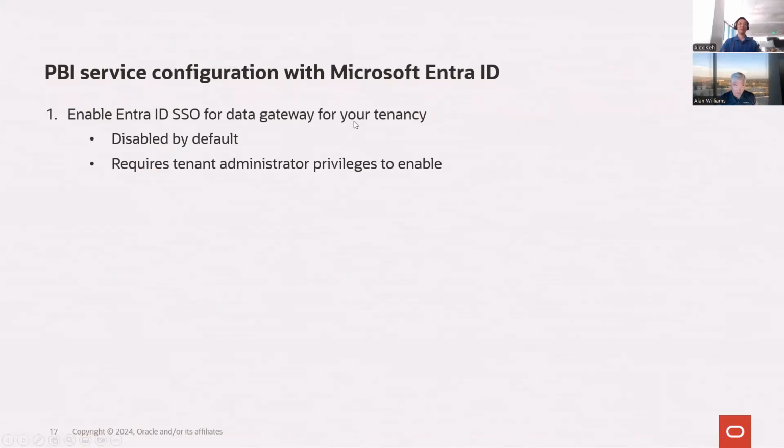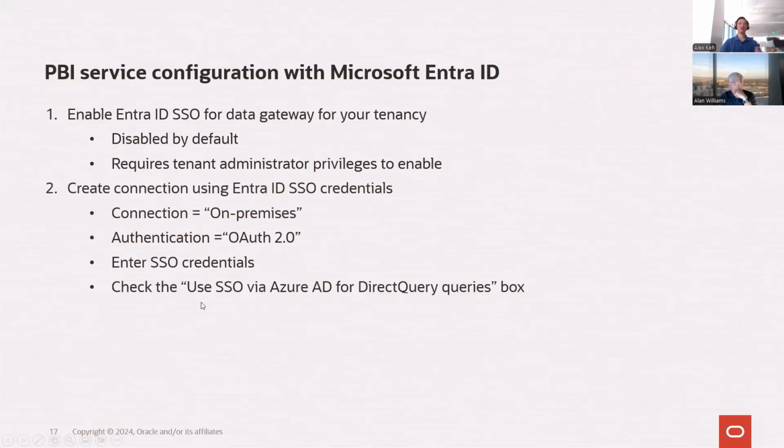By default, Microsoft has shut off this Entra ID SSO for all databases. They kind of see this as, we don't want to enable it by default if customers aren't intending to use it, so we'll leave it off. So you have to have your tenant administrator, or if you have tenant administration privileges, you have to enable it for your tenancy, and then anyone can use it.